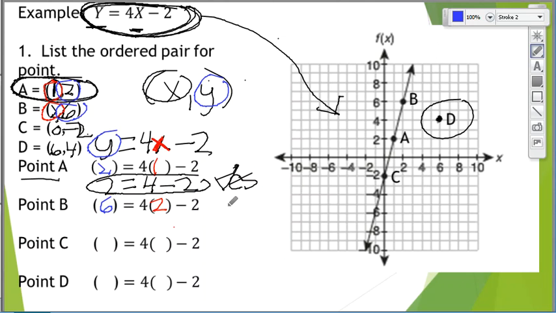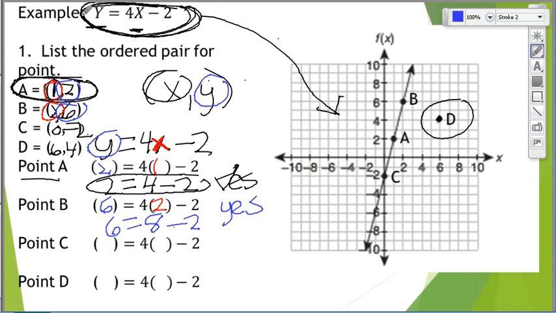And then we want to see if this is a true statement. Does 6 equal 4 times 2 minus 2? Well, if we do the multiplication first, 4 times 2 is 8. 8 minus 2 is 6. 6 does equal 6. So we would say yes. Point B is on the line y equals 4x minus 2.